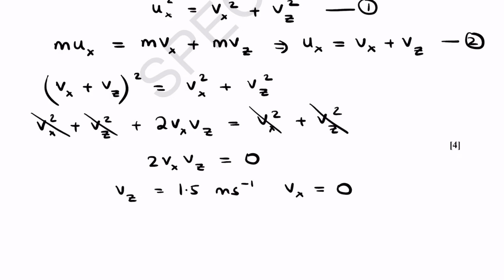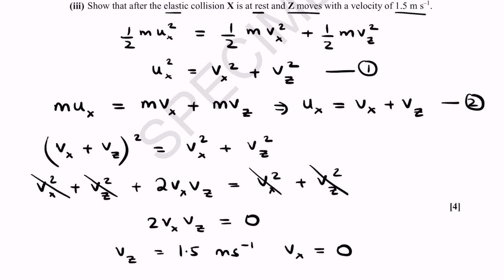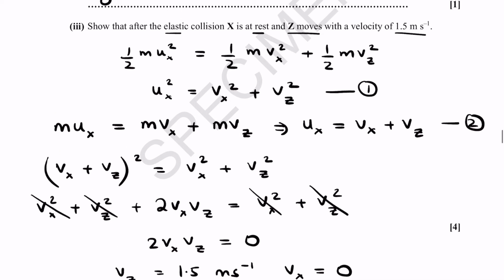One of the quantities must be equal to 0. In this case, if Vx comes to rest, then Vz has to be 1.5 meters per second. You can also do that by using just one of the two equations, but that's where I'm going to leave it. So that's question number 19 done.